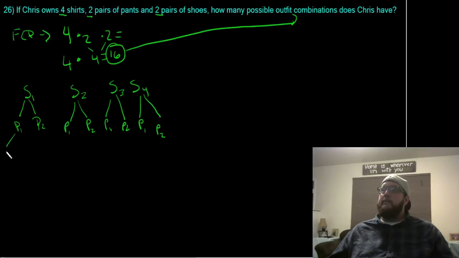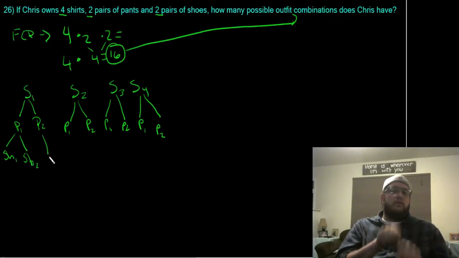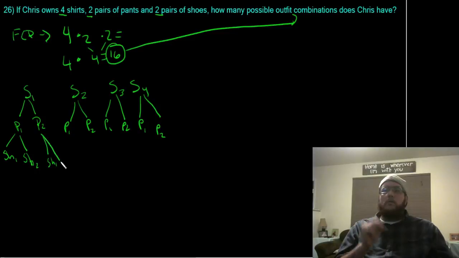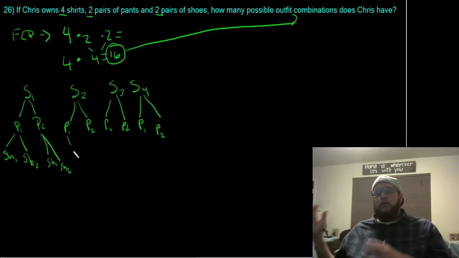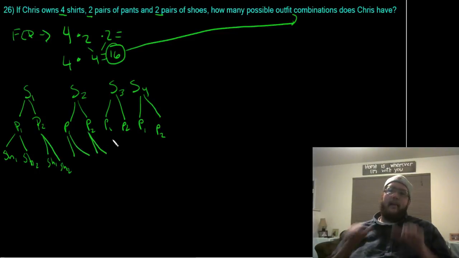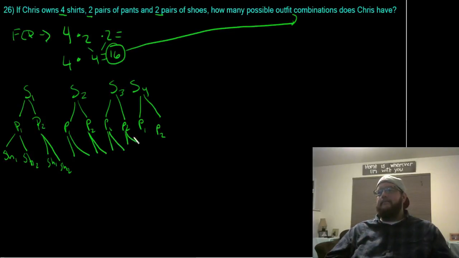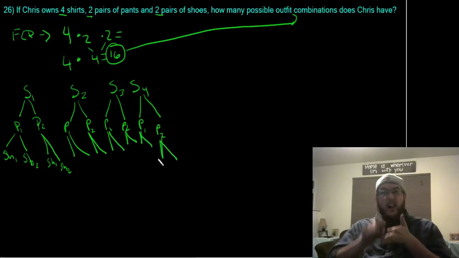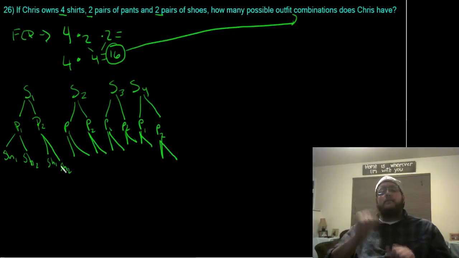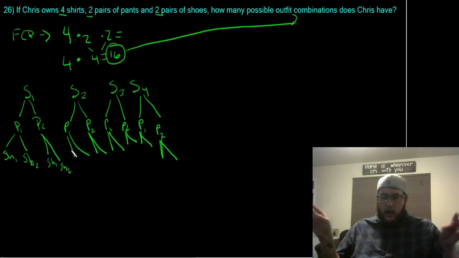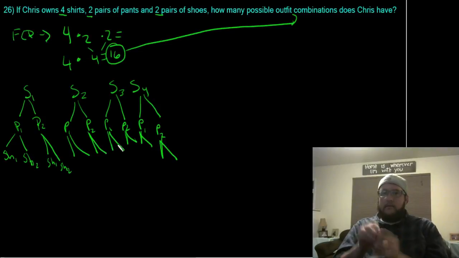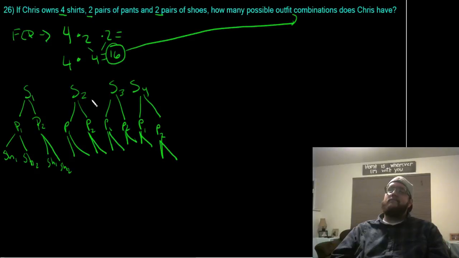Each one of the pants has access to 2 different shoes. Shoe 1, shoe 2, and so on, onward and onward. And so if you count each of these up, you get 1, 2, 3, up to 16. 16 combinations. And that is the end of your study guide.